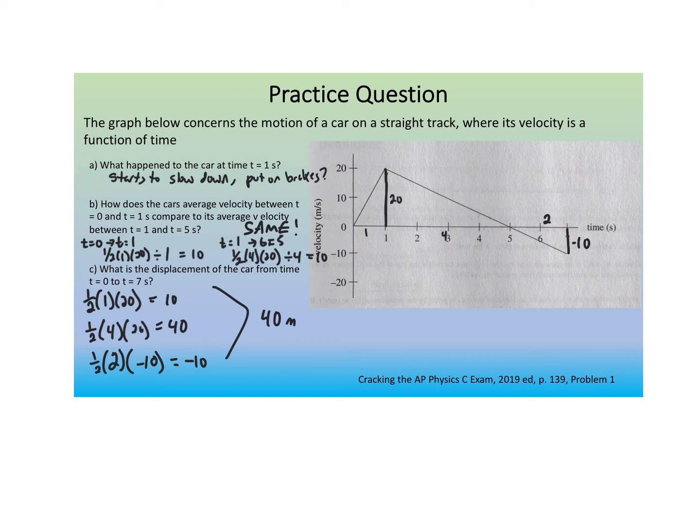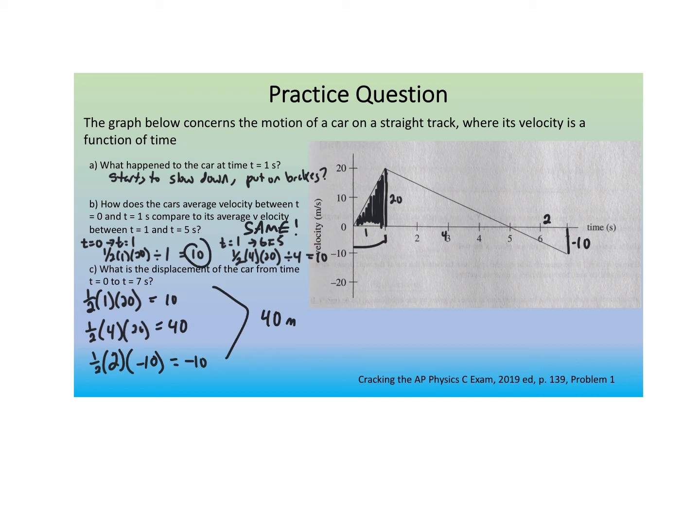For B, we're comparing the average velocity between t equals 0 and 1 and between 1 and 5. Remember, to find average velocity, this is where area comes into play. It's calculus in the sense that we're finding the area under the curve, so the area of this triangle, and then dividing it by the width of the triangle. So 1/2 base times height is 10, divided by 1, which is still just 10.